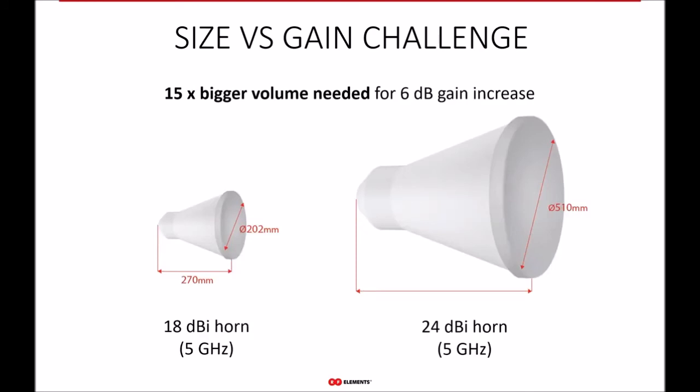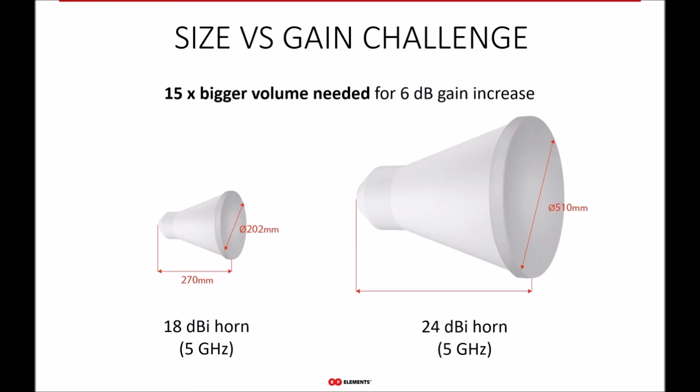When scaling a horn, on the other hand, you have to understand that it is not only the area, but actually the volume of the antenna that will increase and has to increase, because that's based on the physics and functioning of horn antennas as such.